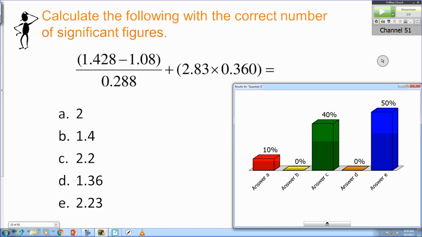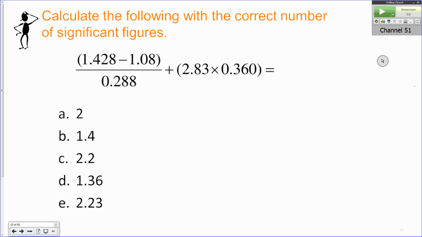Uh-oh. Well, we're at 1, 4, and 5 on our votes. We don't have a clear answer.